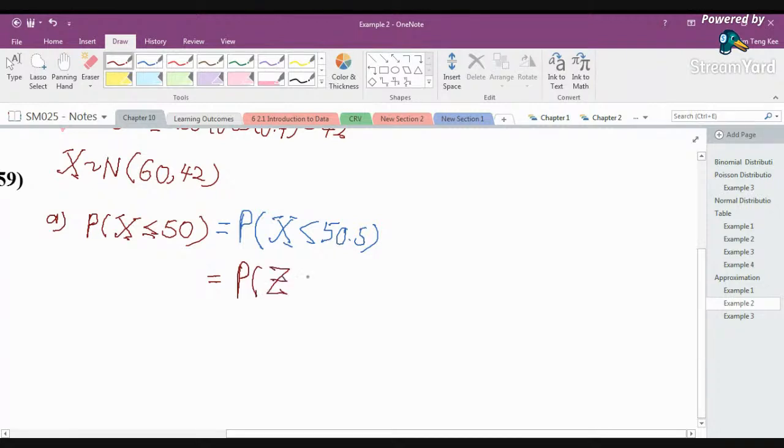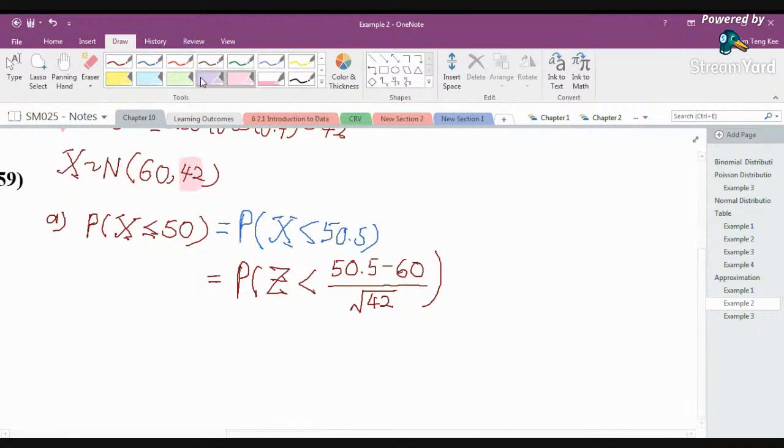So I have Z less than 50.5 minus 60 divided by square root of 42.